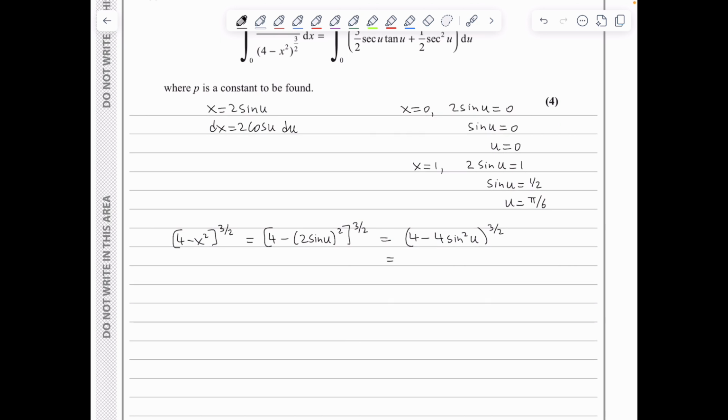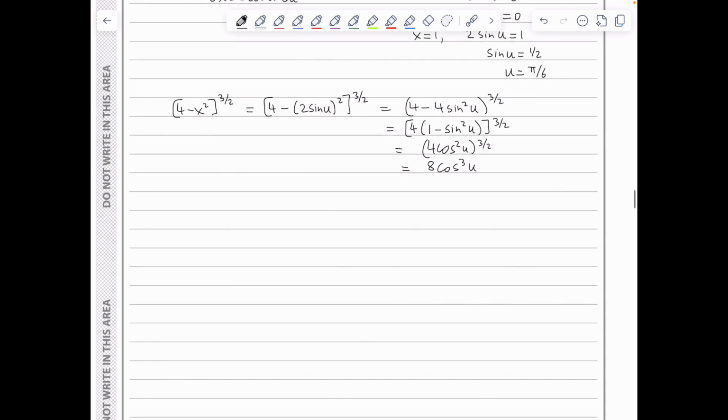So we're looking at 4 brackets (1 minus sine squared u) raised to the power of 3 over 2. Now we know that 1 minus sine squared is cos squared. So this is (4 cos squared u) raised to the power of 3 over 2. Well, 4 to the power of 3 over 2 is simply 8. And (cos squared) raised to the power of 3 over 2 is cos cubed u.